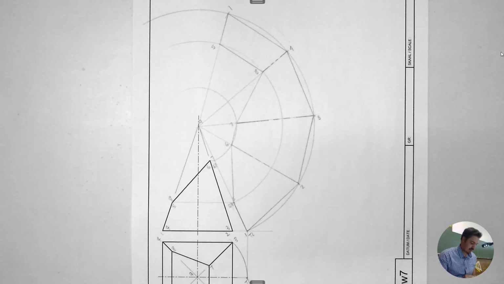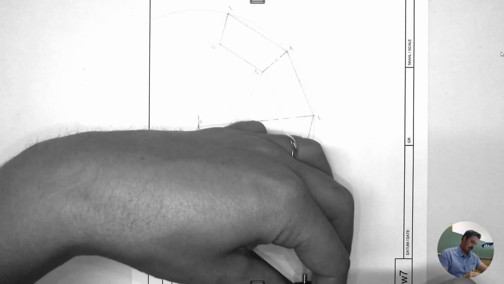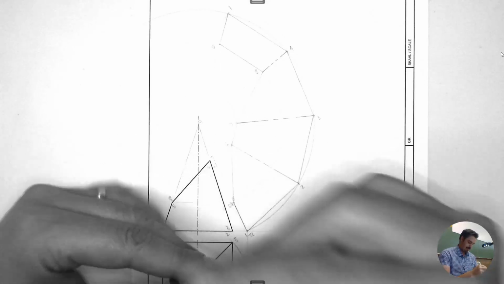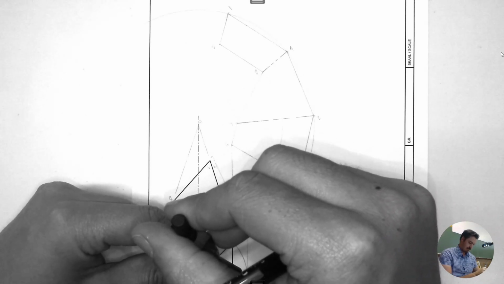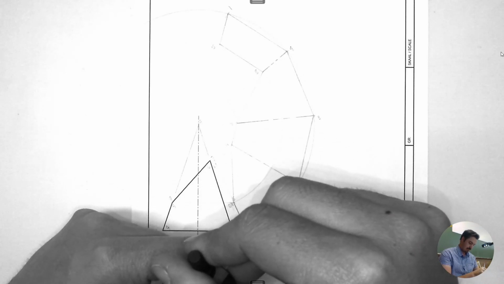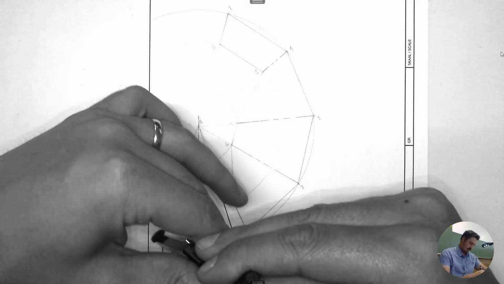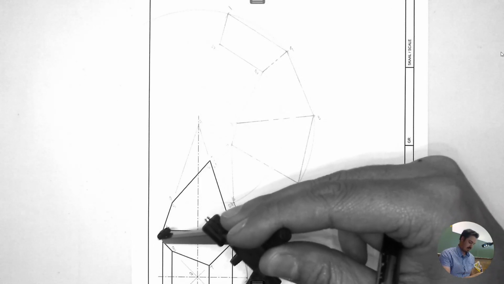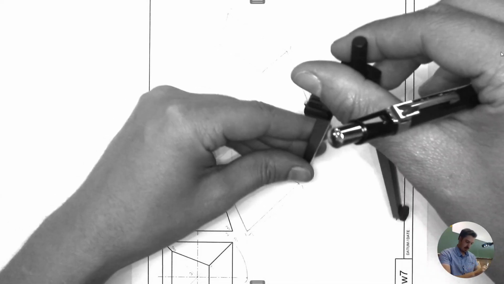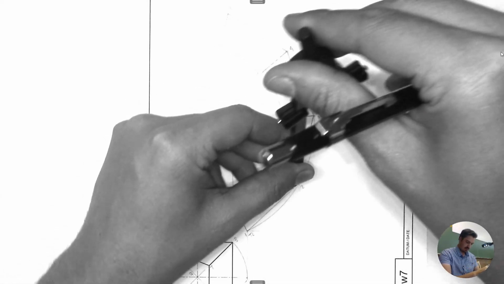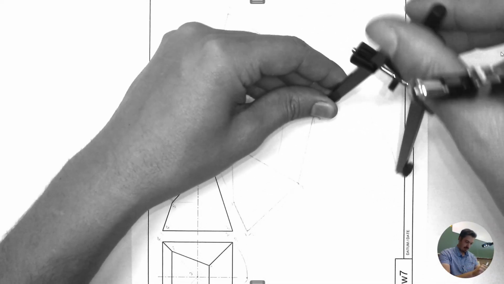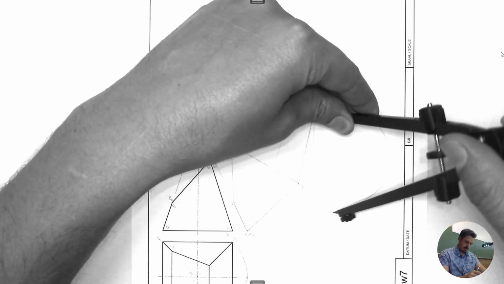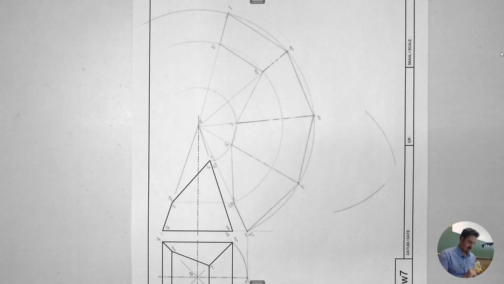So if I want to draw the base, I'm going to take the measurement between 2 and 3. Or actually from here to there. So 2, 3, and then the same from the opposite side.